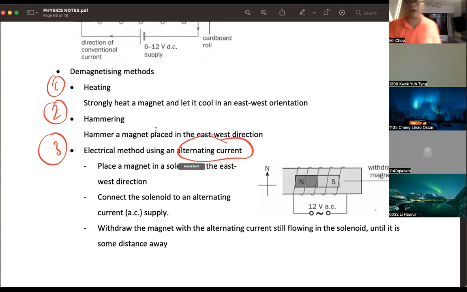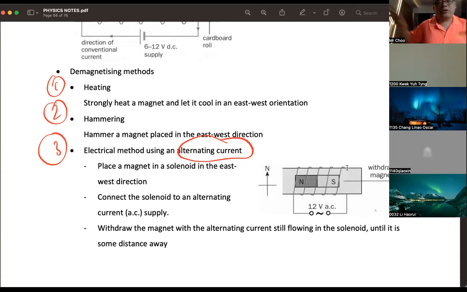Alternating current means that the current will flow in one direction and then go in the other direction. How many times? About 50 times a second. So it will disrupt the magnetic poles in the material because the current goes one direction then the other, and this cycle repeats 50 times every second. So very fast, the magnet will actually lose its magnetism.